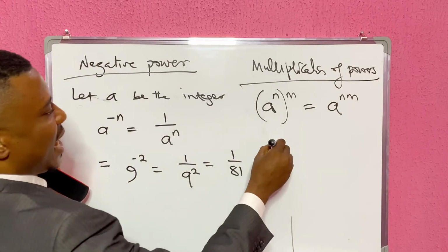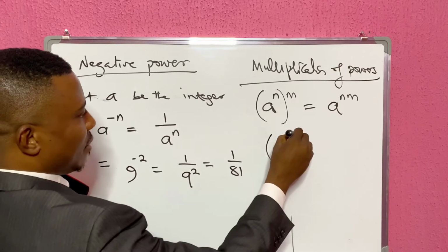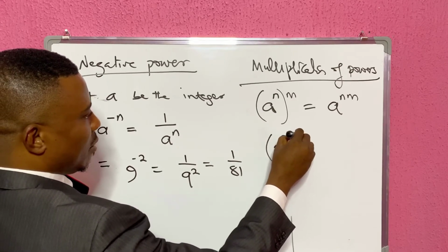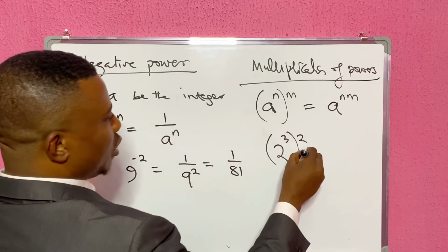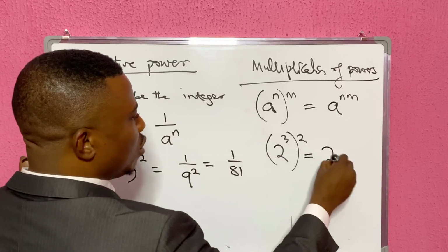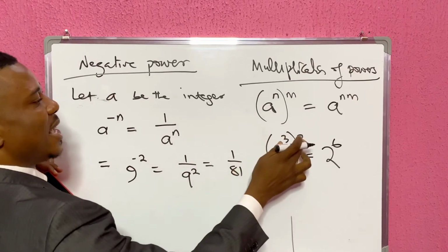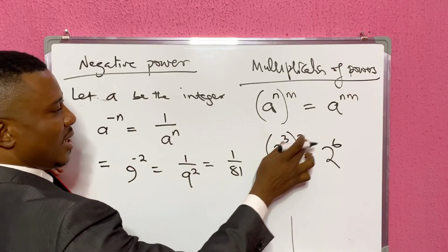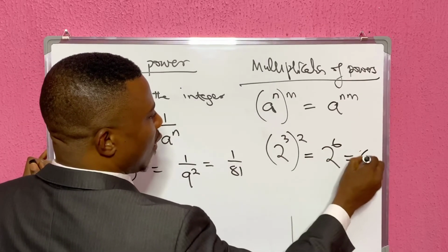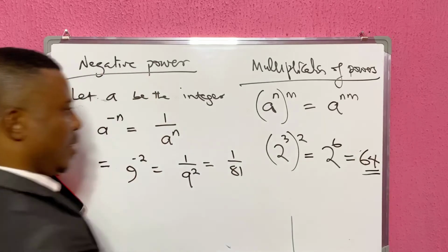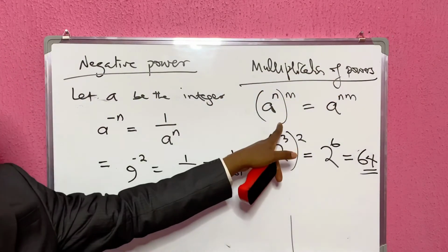That means if you have like 2 raised to the power 3, bracket 2, this is going to give us 2 raised to the power 6 because 2 times 3 is 6. That is 64. That is how we handle multiplication of powers.